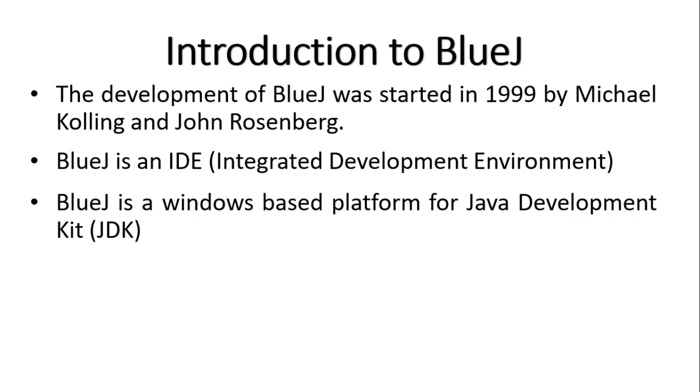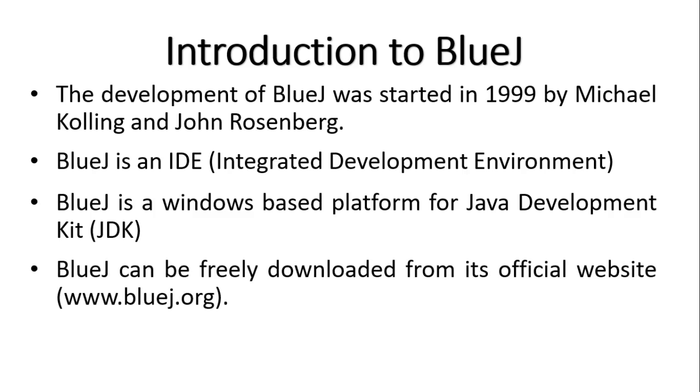So BlueJ is a Windows based platform for the Java development kit. Okay, so BlueJ is basically for the Windows platform that runs on the JDK. JDK refers to Java Development Kit.